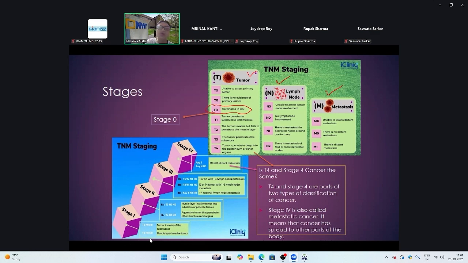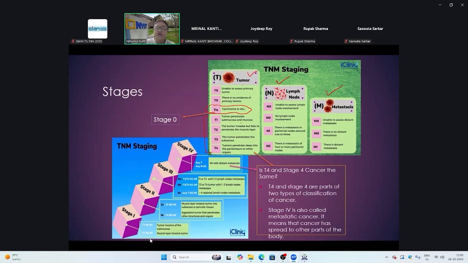So T1 to T4 are the extent, in terms of the size of the tumor, to which the tumor has actually first penetrated.